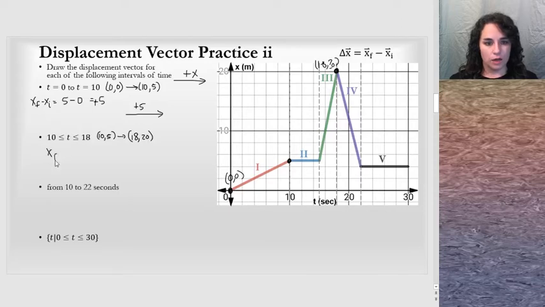I can do x final minus x initial. I have x plus 20 minus a 5. And so it moved plus 15 meters. Between 10 to 18 seconds, it moved 15 meters. So I'm going to represent that with a pretty long vector, plus 15 meters.